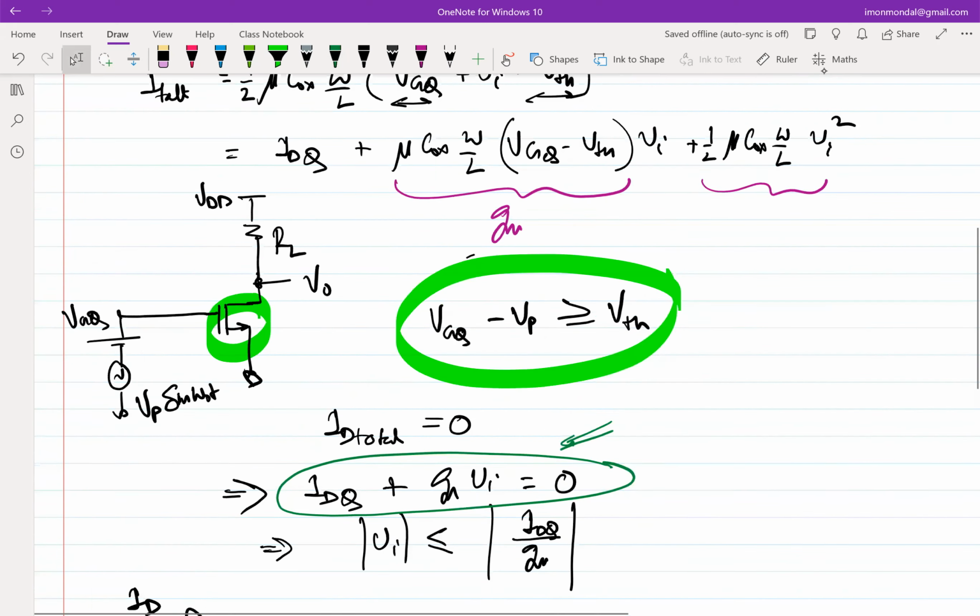When VGS minus VT is equal to VTH, in that case, can the transistor come to the linear region, sir? What I was thinking, like this equation basically saying that the transistor may go from the saturation region to linear region, but from this equation IDQ plus GMVI.